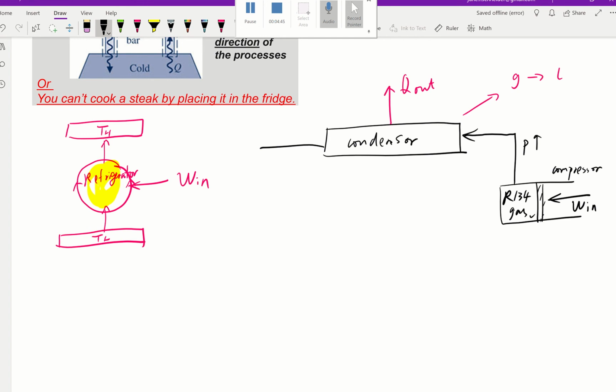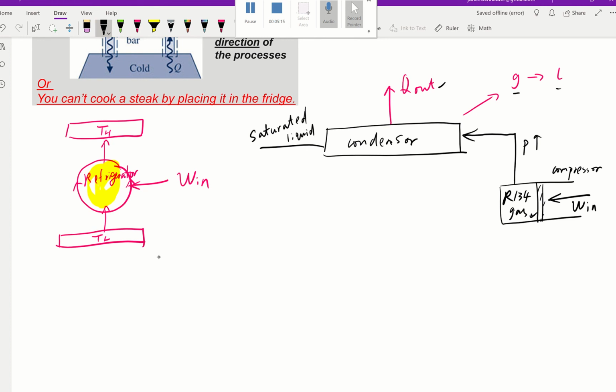Because that heat is transferred from this hot R134 to the kitchen. So there's heat leaking out, and once the heat is leaking out, this freon is going to change from gas to liquid. Okay, so if we assume it comes out as a saturated liquid.